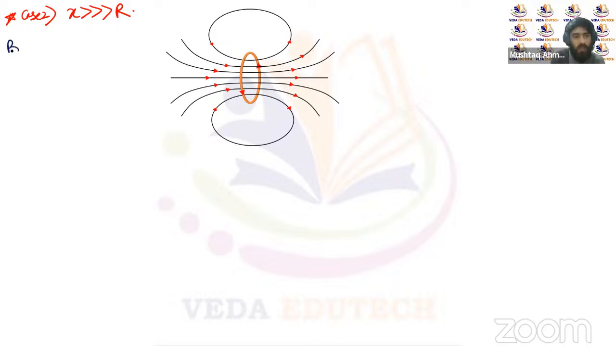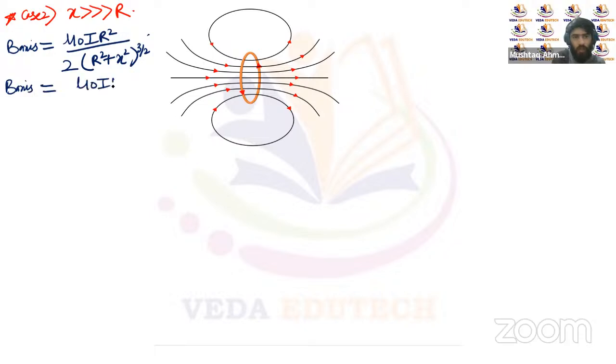So we know that B axis is equal to mu naught I r square upon 2 times r square plus x square to the power 3 by 2. When x is much greater than r, let's take x square as common from this equation in the denominator.